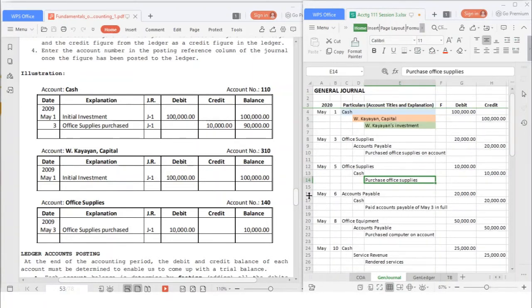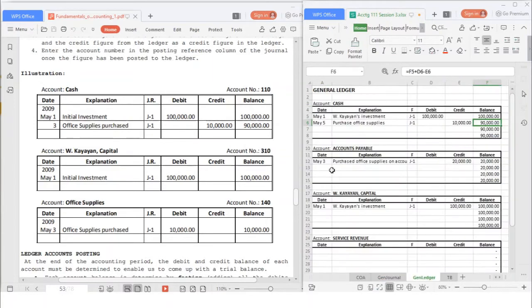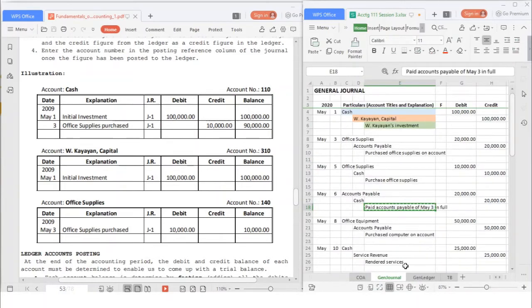So, for example, I'll take May 6, paid accounts payable. So, accounts payable is affected, May 6, and our cash. And then again, the explanation.